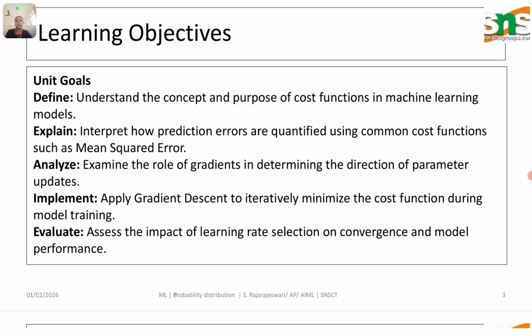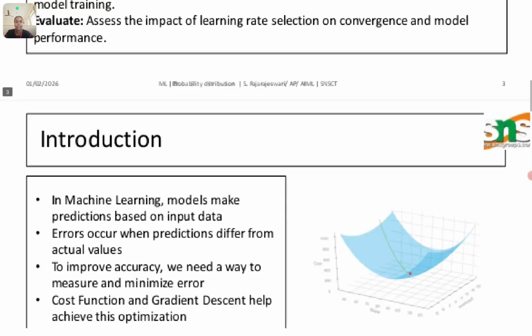Define is for understanding the concept and purpose of cost function, explain is for how prediction errors are quantified, and analyze is for examining the role of gradients. Implement is to apply gradient descent to minimize the cost function during model training, and evaluate is to assess the impact of learning rate selection. So this is the main goal of cost functions and gradient descent in supervised learning.